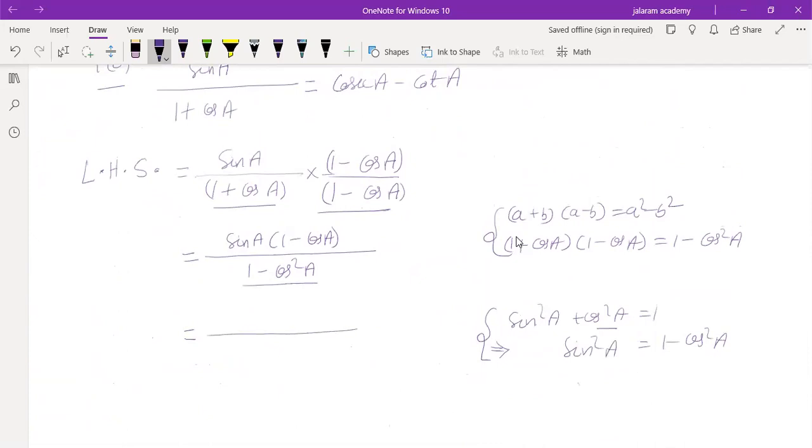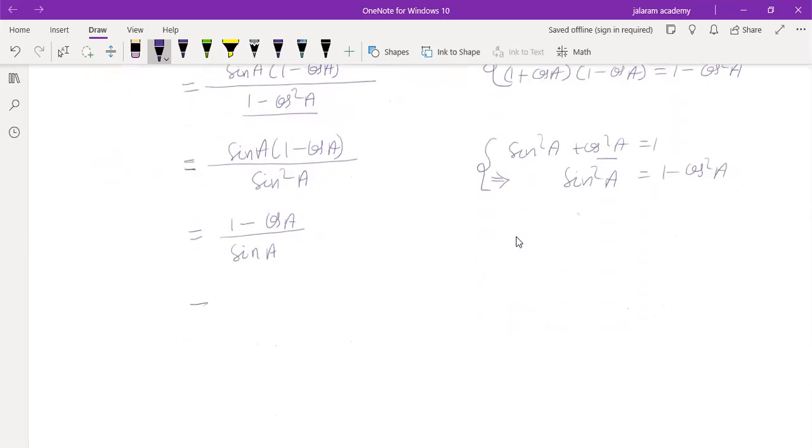First draw this line so that it is only between the equal to signs. The denominator is sin square a, and the numerator is sin a into 1 minus cos a. So one of the sin a will be cancelled out. So it is 1 minus cos a over sin a. Now we separate both the terms.